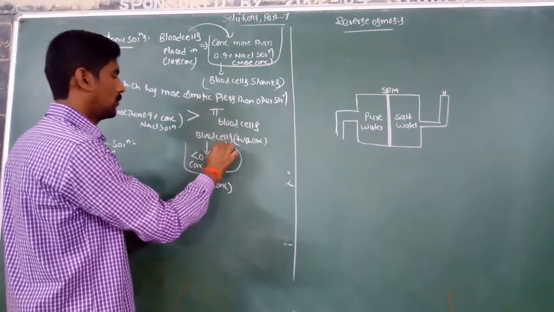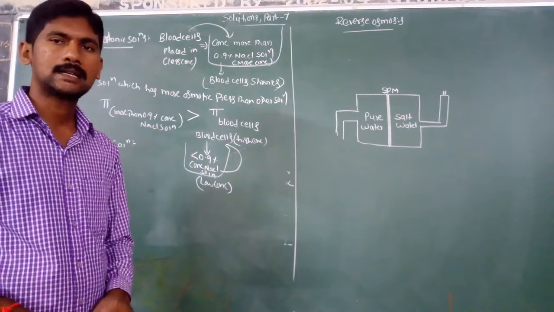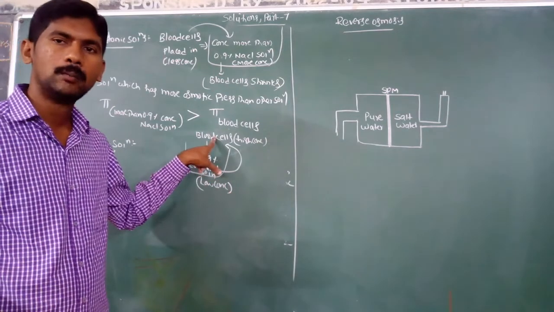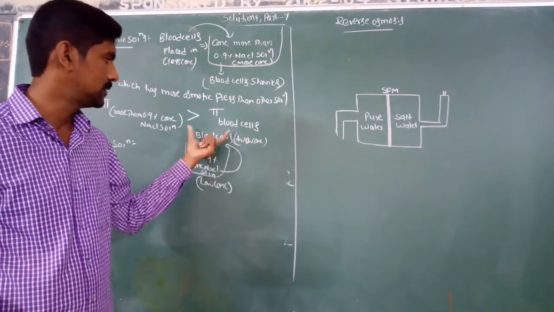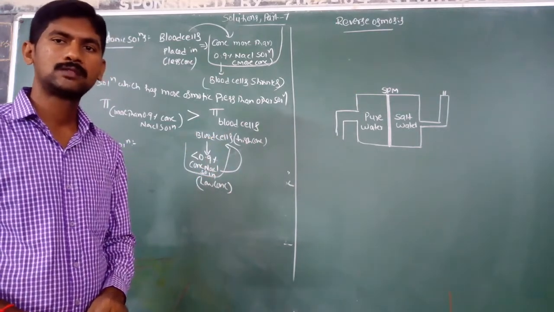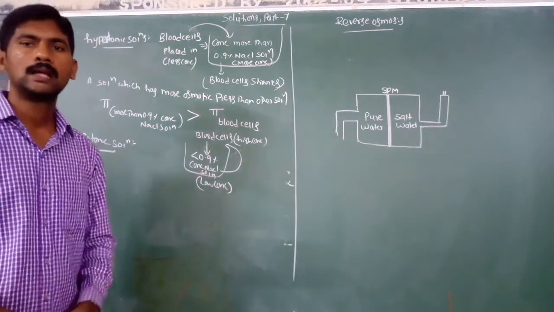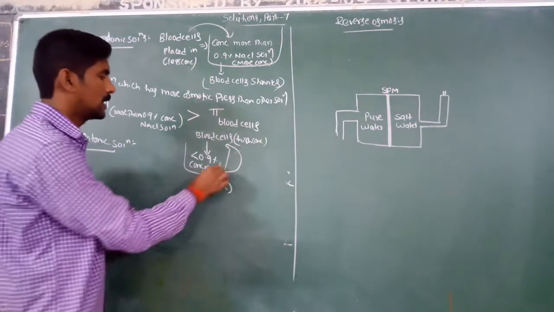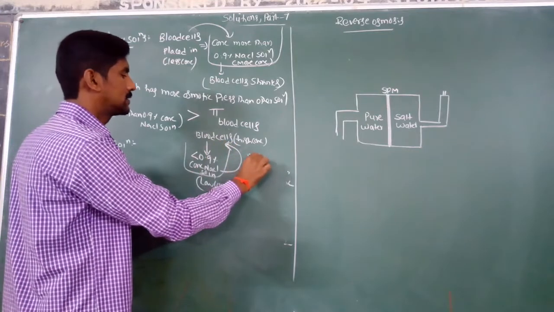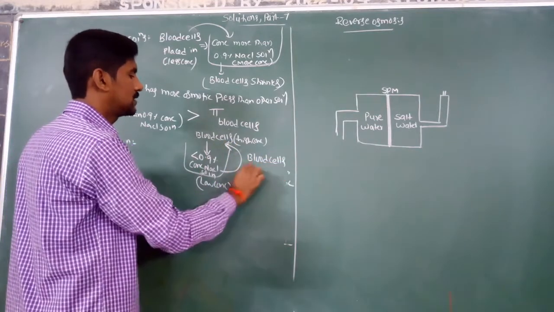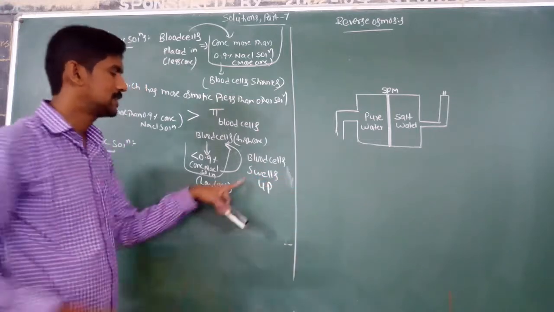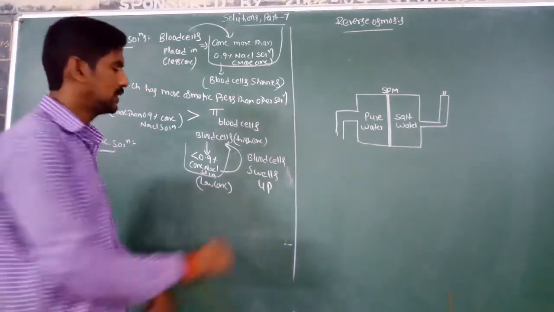Then osmosis occurs, flow of solvent from NaCl solution to blood cells. Osmosis means the passage of solvent molecules from low concentration to high concentration. So the solvent molecules pass from low concentration to high concentration, then the red blood cells swell up. Sometimes they burst also.